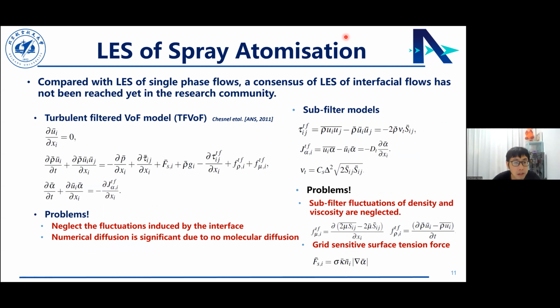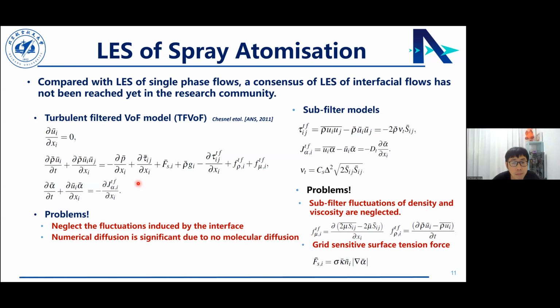We know this is a mass conservation equation and the momentum transport equation, and the additional term is the surface tension force, and the next term is the volume fraction transport equation. And they just use a turbulent diffusion model to close the sub-filter flux.